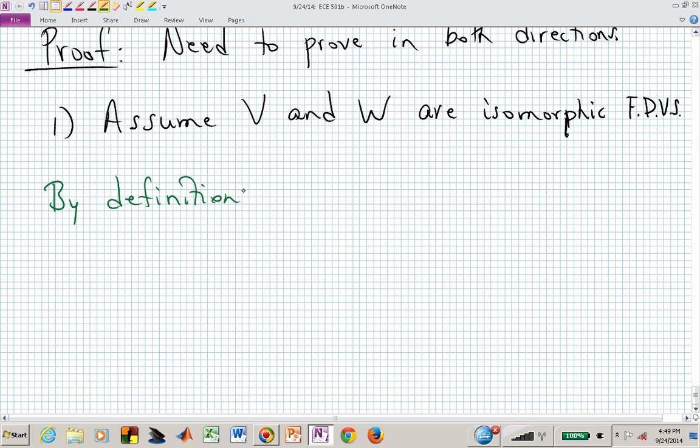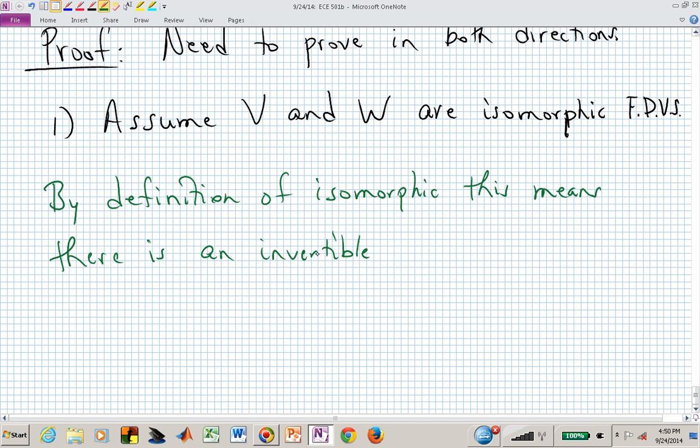By definition, they have an invertible map between them, don't they? By definition of isomorphic, this means there is an invertible linear map T between V and W.